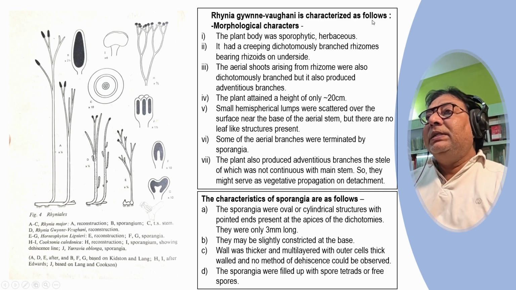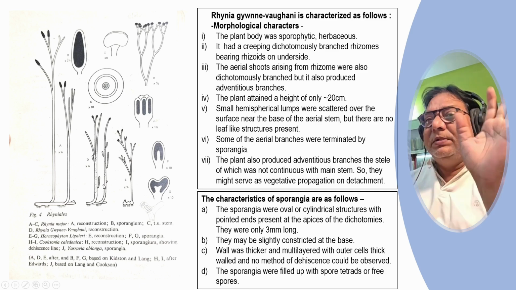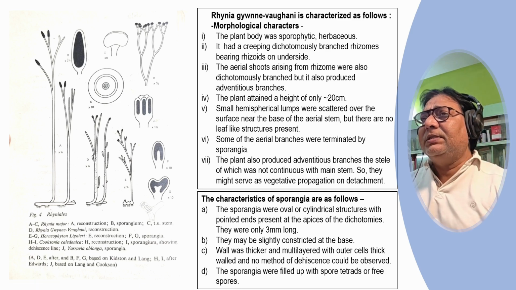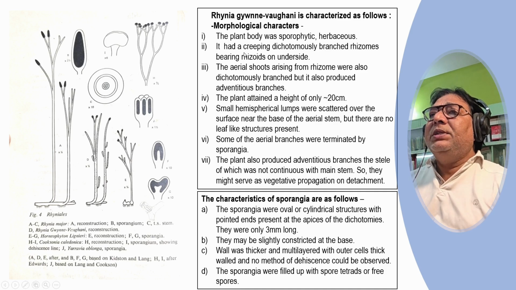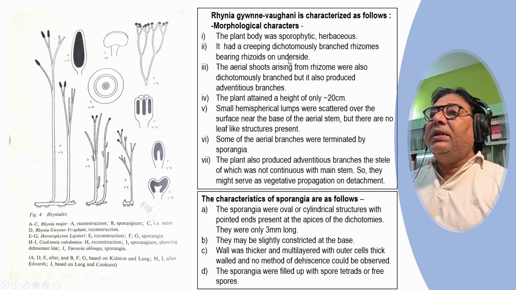Rhynia gwynne-vaughanii is characterized as follows: morphological characteristics. I already have said many characteristics, but let us have a glance. The plant body was sporophytic. This is a sporophyte of the plant. We will talk about what was the nature of the gametophyte. There is a discussion about that. It was herbaceous, with a creeping dichotomously branched rhizome, bearing rhizoids on the underside.